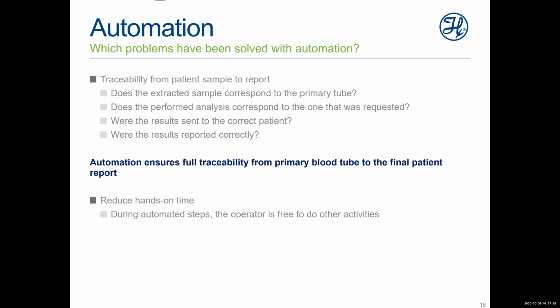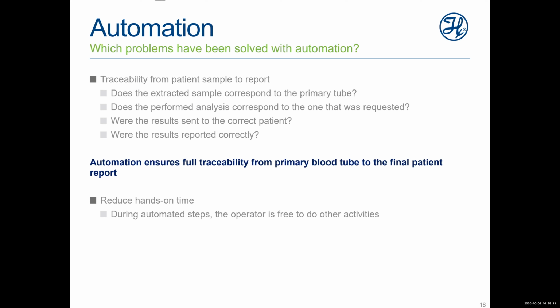This is, of course, because the Hamilton does the preparation, so it uses the primary tube and links the information with the barcode on the primary tube to the place on the plate map. So the file that Hamilton generates contains all the information to trace which primary tube was placed in which spot of the plate.